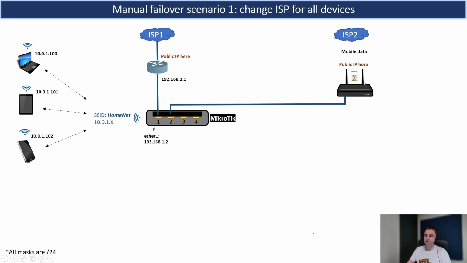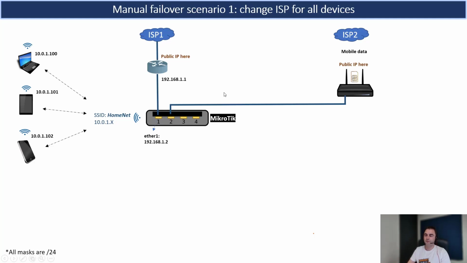And I asked my garage neighbors, can I put my 4G mobile data router in your garage? And we just run a cable between my garage and your garage here. Both devices are mine. This cable is approximately 20 meters long, and we plugged it here in port 2.